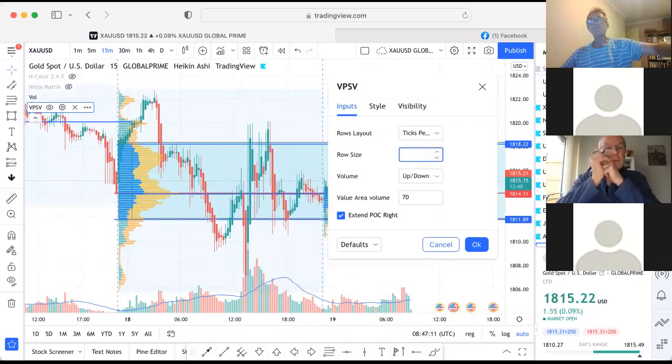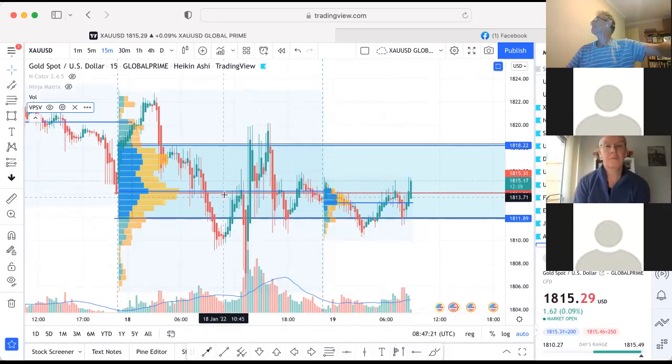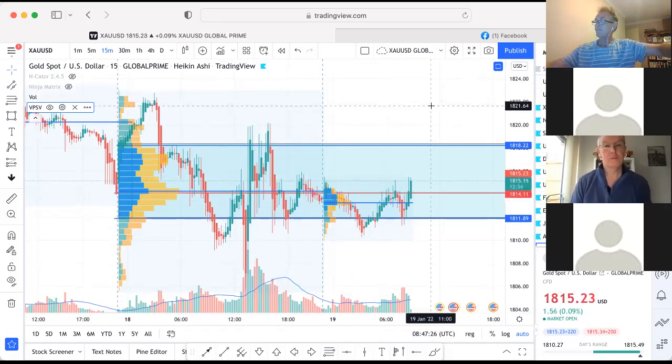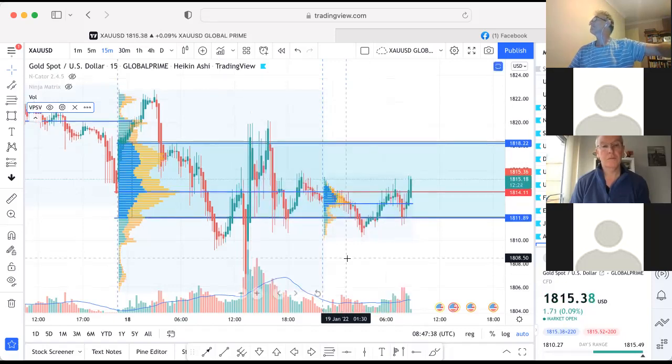We'll try 50. And the bands are even bigger. But the point being that the actual point of control is very little difference. So it's really down to your personal preference, how you like to see the information presented. I'll go back to what I think was Jeff's original setting. There we go. And then go on to the next setting.